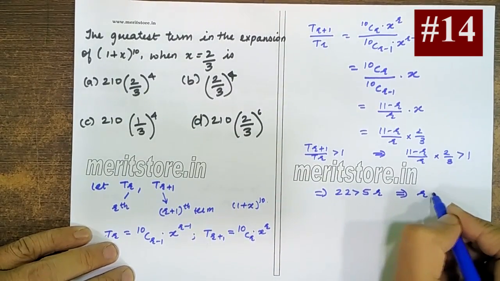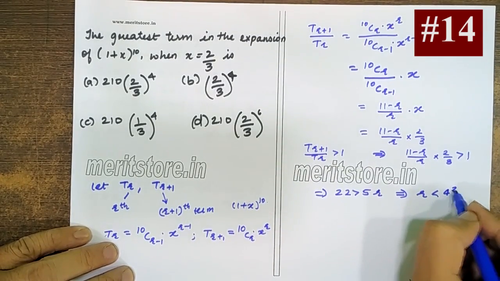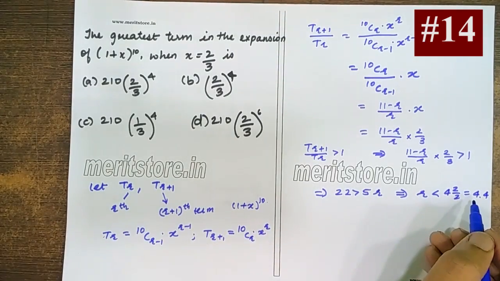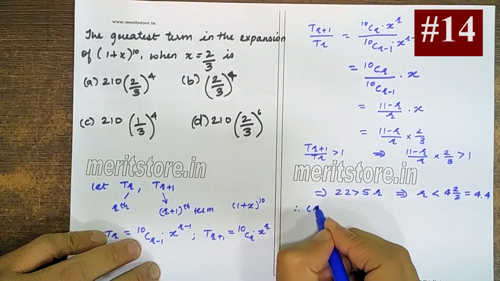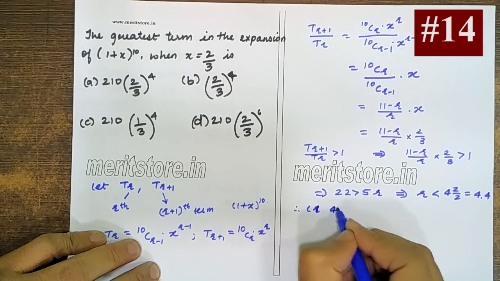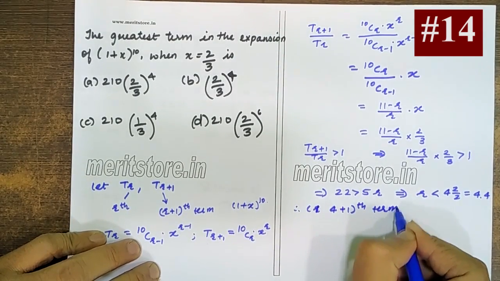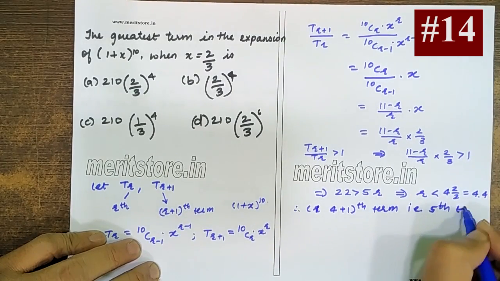So here r is less than 4.4. Now since r is less than 4.4, therefore 4 plus 1th term, that is 5th term, is the greatest.